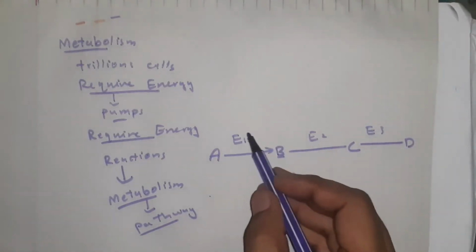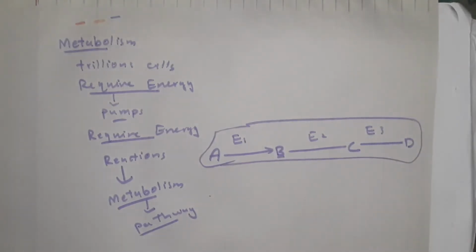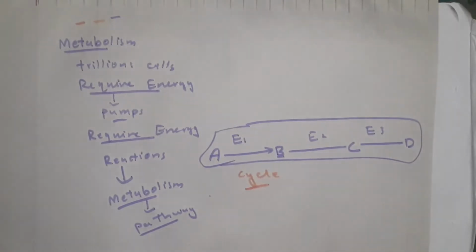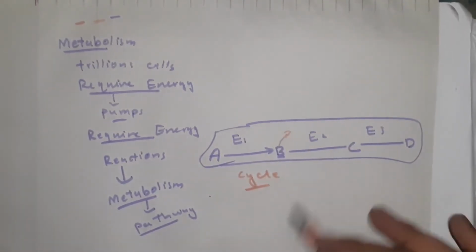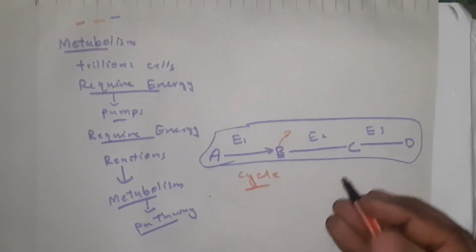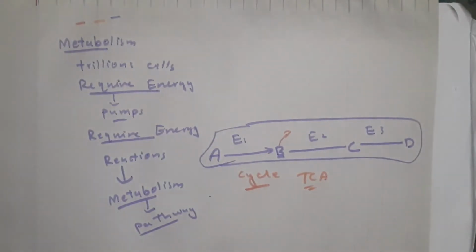The reactions which proceed in this way are called pathways, and some metabolic pathways proceed as cycles. So what are cycles? If any of the substrates in a reaction gets recycled over the course of the reaction, then it is termed a cycle, such as the TCA cycle, which we will study in further lectures.